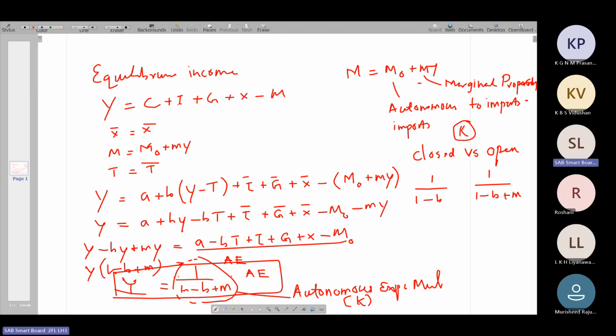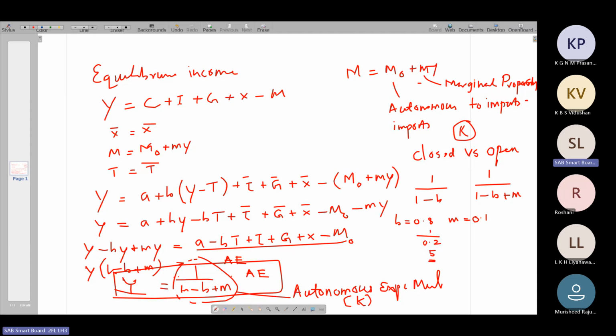Now you can just see, if b is 0.8, the marginal propensity to import m is 0.1. Then 1 over 0.2 is 5.